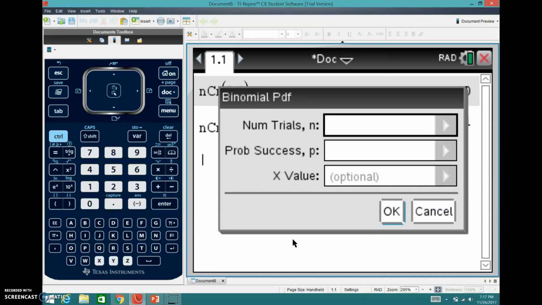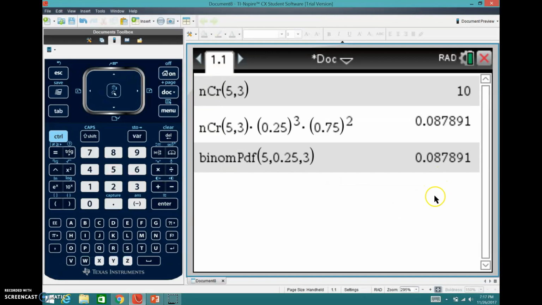The menu asks for the number of trials, which was 5, the probability of success, the probability of type O blood, which was 0.25, and then the X value, which says optional, but since we're trying to find the probability of 3 kids amongst 5, we type 3, and you can see we get that same answer.